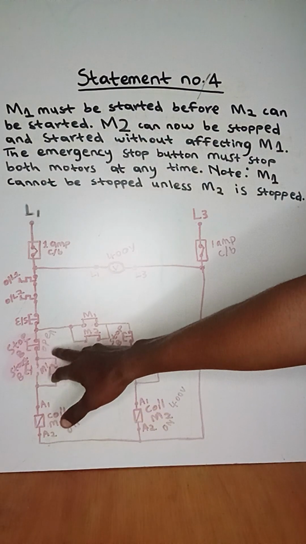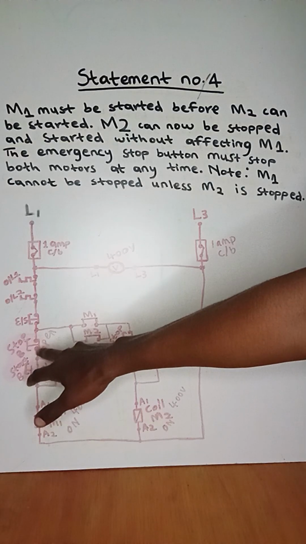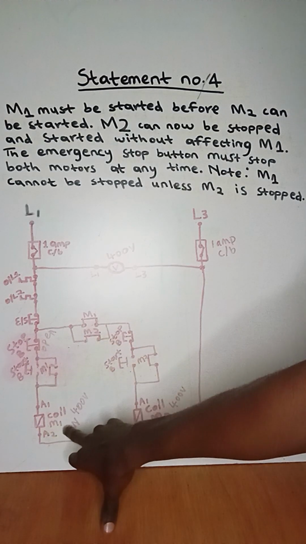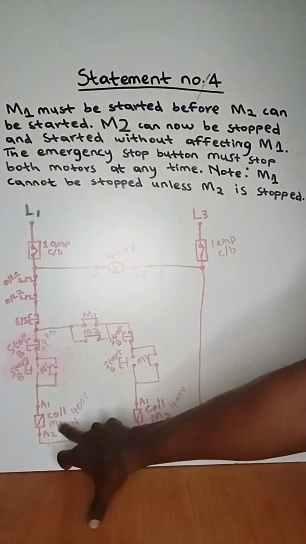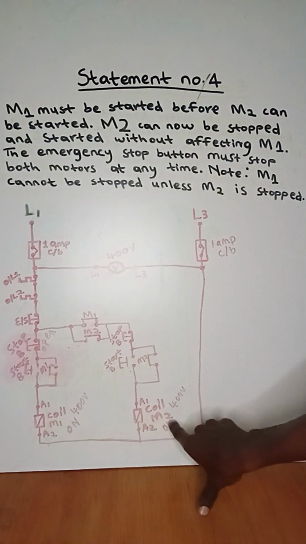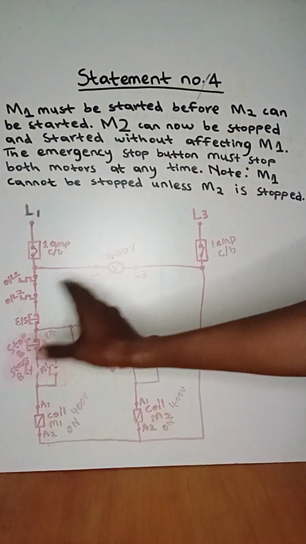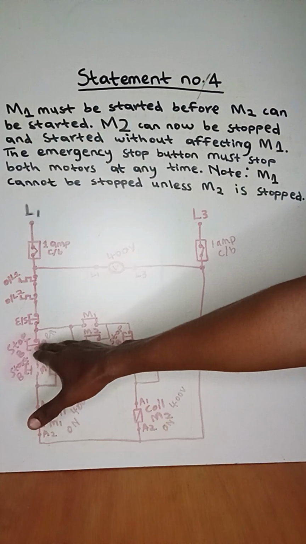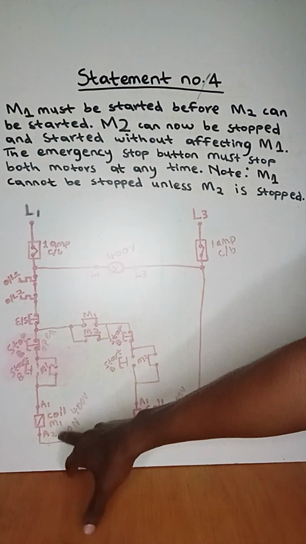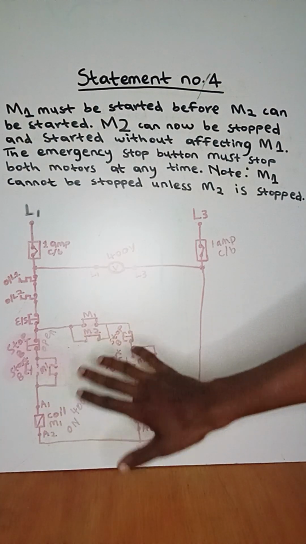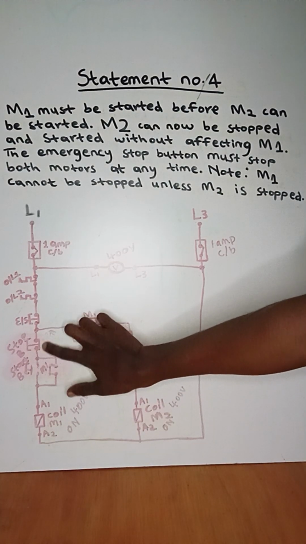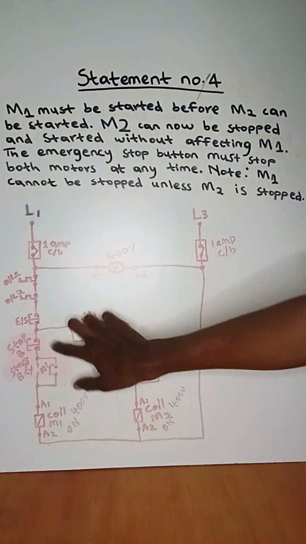We want to press the stop button of motor 1, and it shouldn't cause motor 1 to stop, but only stop when we stop motor 2 and stop motor 1 after. So right now, since it has allowed us to stop motor 1 first, it simply means it's wrong before we can proceed further. So I'll erase it.